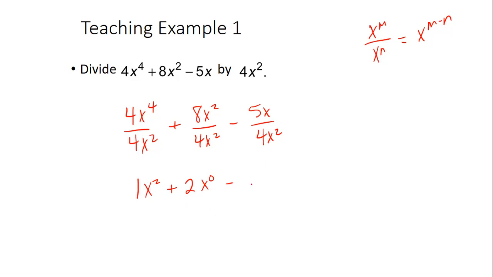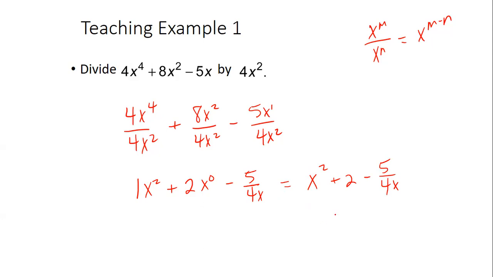Minus 5 divided by 4 is 5 over 4. x, with the friendly 1 there. What is 1 minus 2? Negative 1. So that means that it belongs in the denominator. So cleaning this up, my simplified answer would be x squared plus 2 minus 5 over 4x.